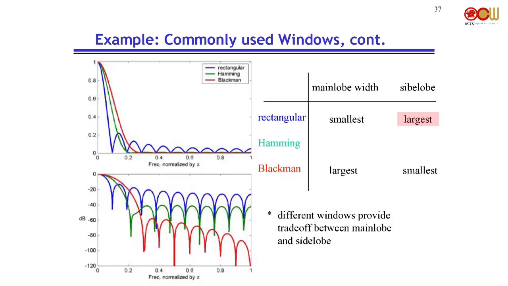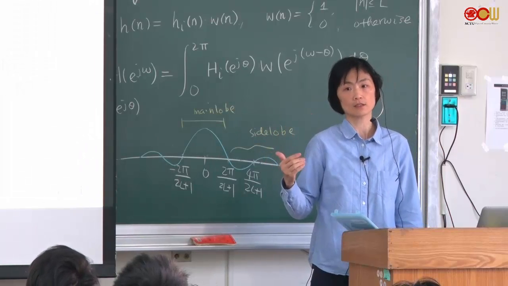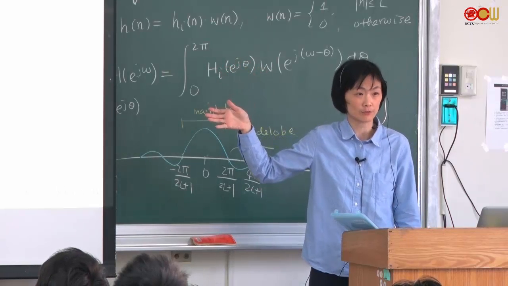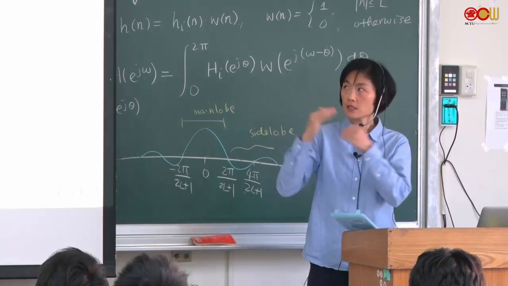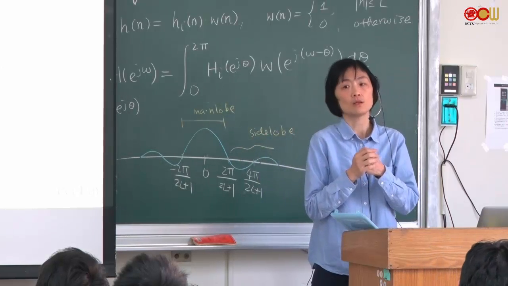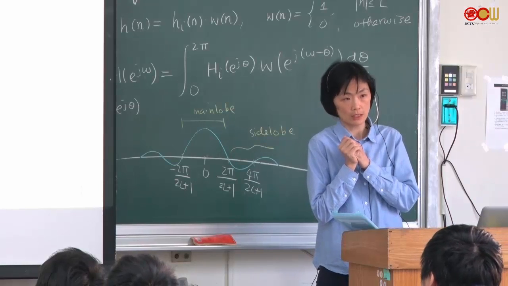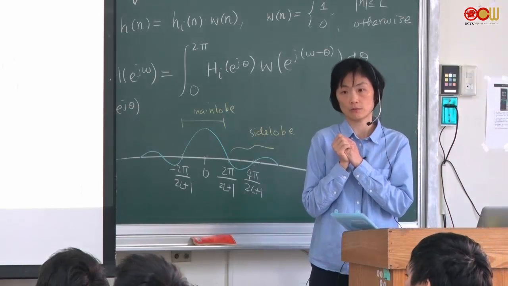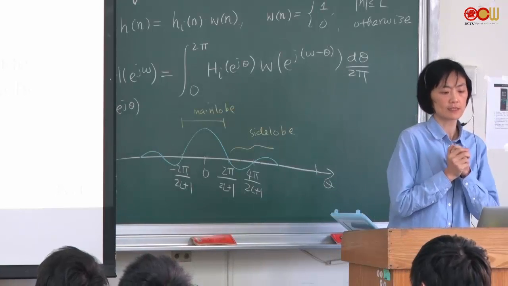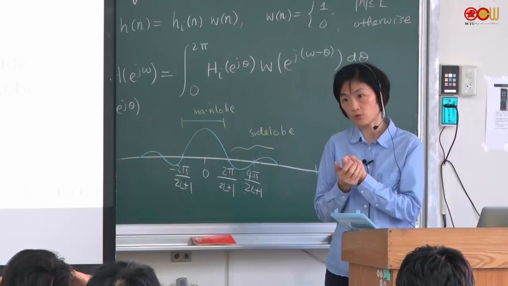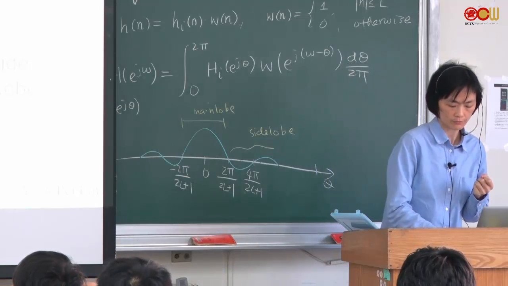And remember, these main lobe and side lobe are going to affect our final filter. This is just the window, not our final filter yet. In the time domain, we multiply the window with the ideal filter to get our final filter, and the main lobe and side lobe of the window affect the pass band, stop band, and transition band of our final filter.